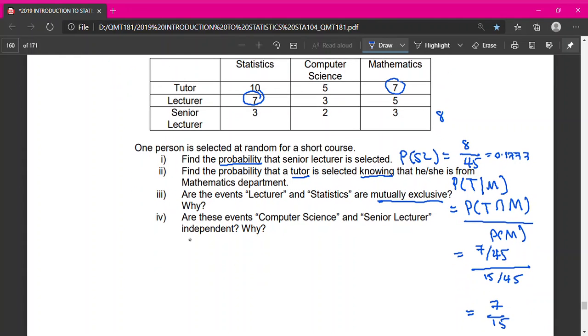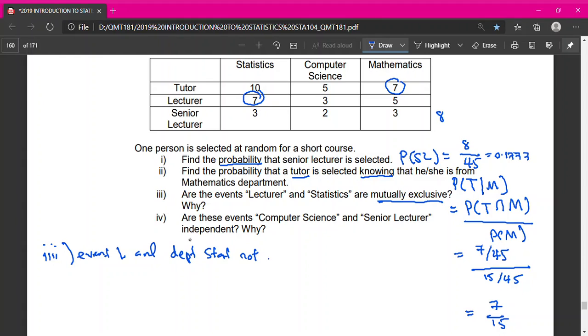So, you can say that event lecturer and department statistics not mutually exclusive since event L intersect department statistics is not null set.